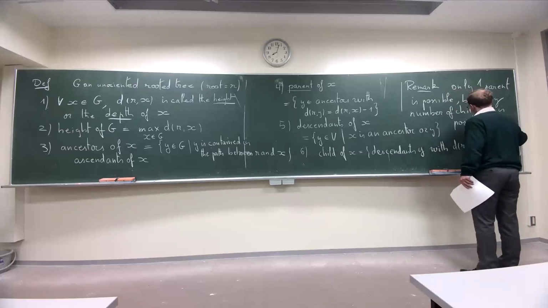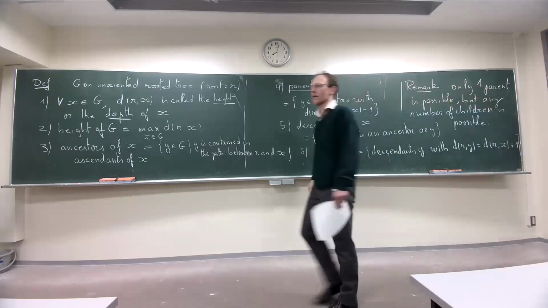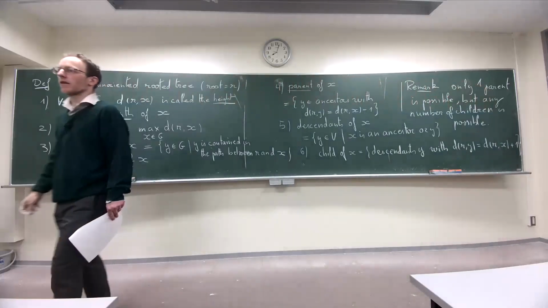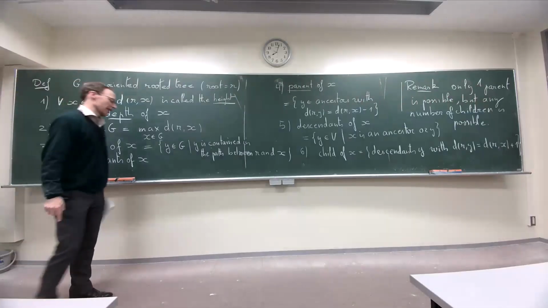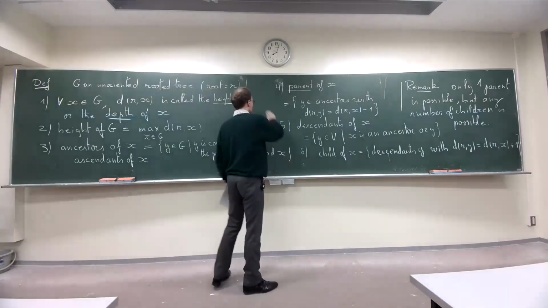Why do we have this property? Because if you have more than one parent, you will have a cycle. Yes, this is correct. Think about it.